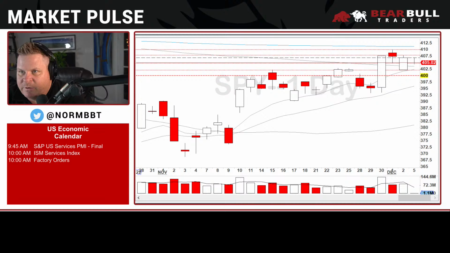We do have PPI final demand on Friday. And then next week, it starts to get busy again with CPI data on Tuesday the 13th. And then, of course, they're meeting Tuesday and Wednesday. Wednesday, they'll announce their policy decisions. And then a whole bunch of stuff coming out Thursday, Friday. So busy couple of weeks, but not too crazy this week.